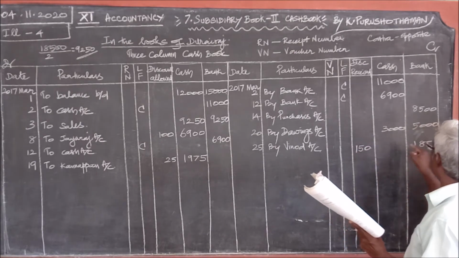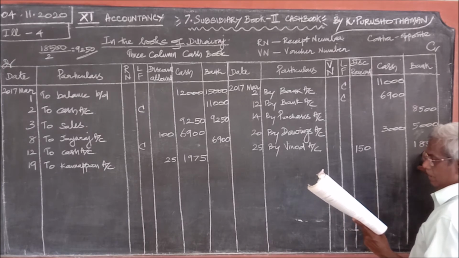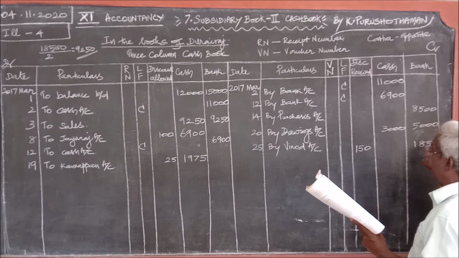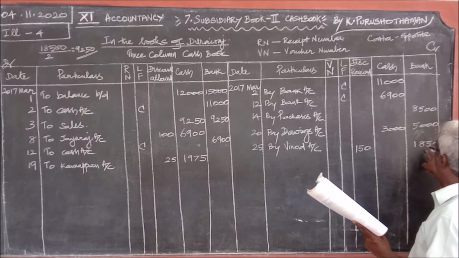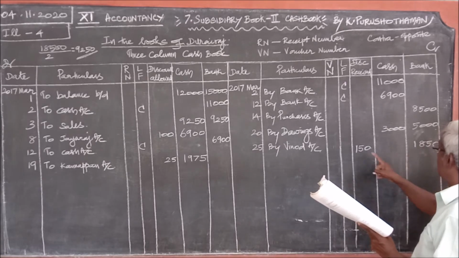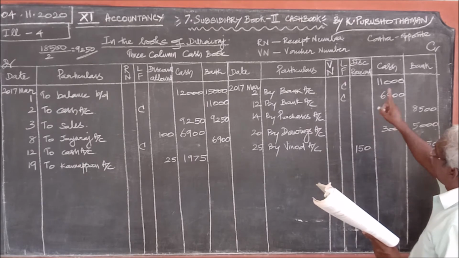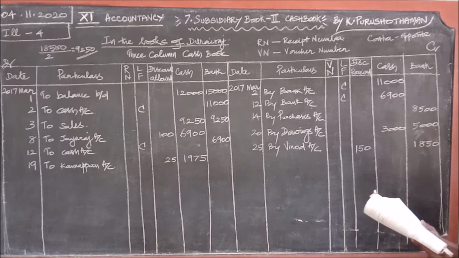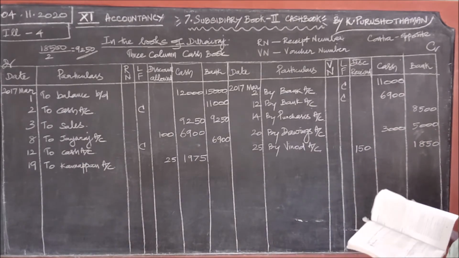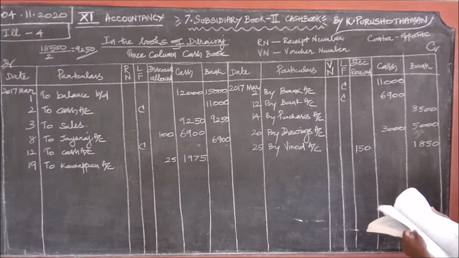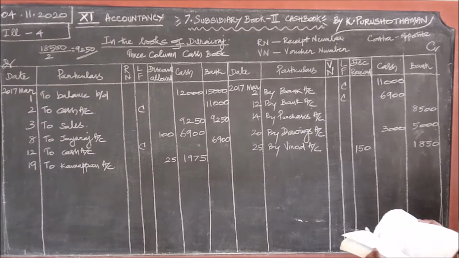For 2,000, only 1,850 was paid by check to Vinod. So the remaining 150 is missing. That 150 should be treated as discount. This should be entered in the book.